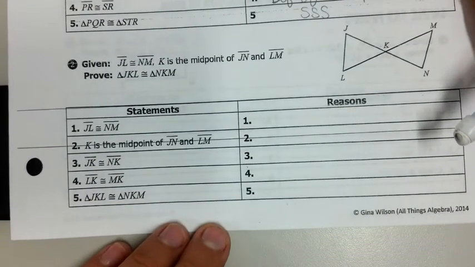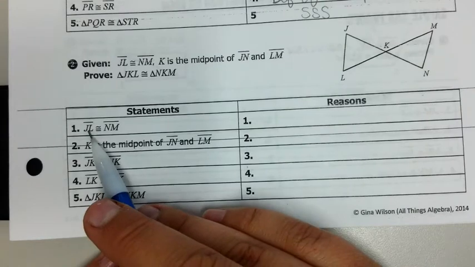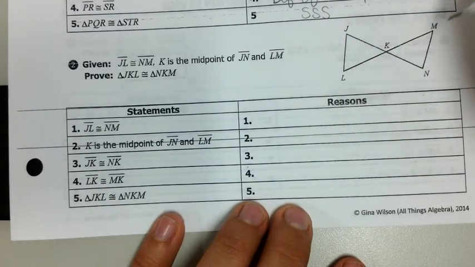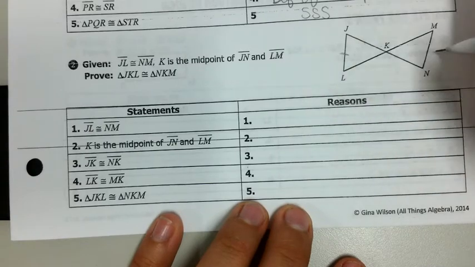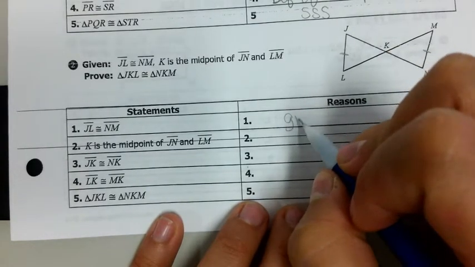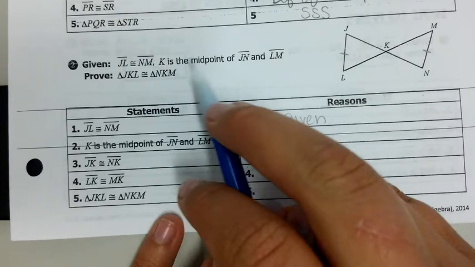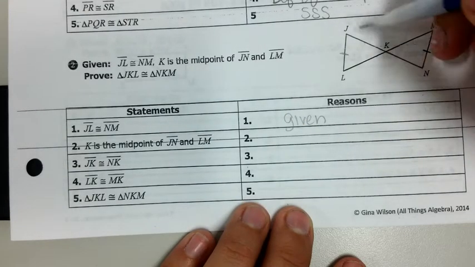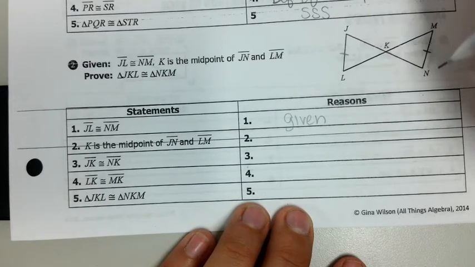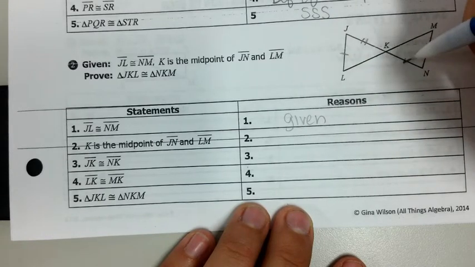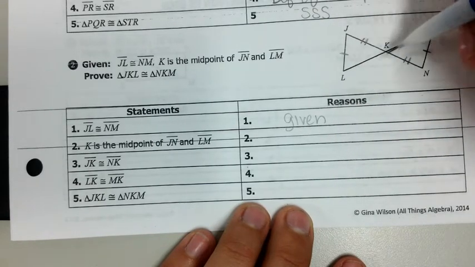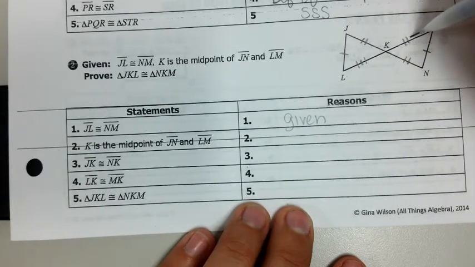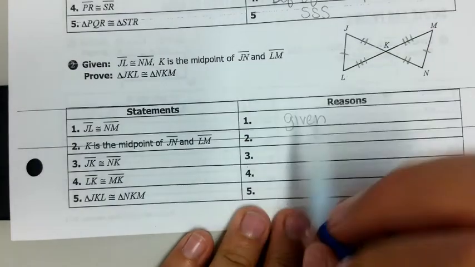Let's try the next one. JL and MN are congruent, so we will write that: JL and MN, and that was given to us. K is the midpoint of JN and LM. K is the midpoint of JN, so these two are equal. And K is the midpoint of LM, so these two are equal. So this statement was given.